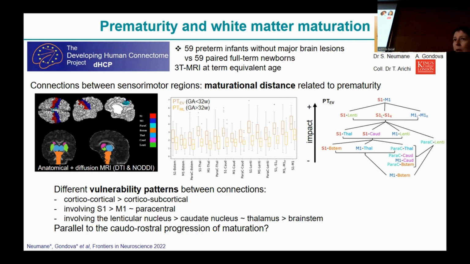These vulnerability patterns seem to match the caudo-rostral progression of maturation, even if we were not able to directly test this hypothesis. So this suggests that even without major brain lesions, prematurity has some impact on the early development of this system.